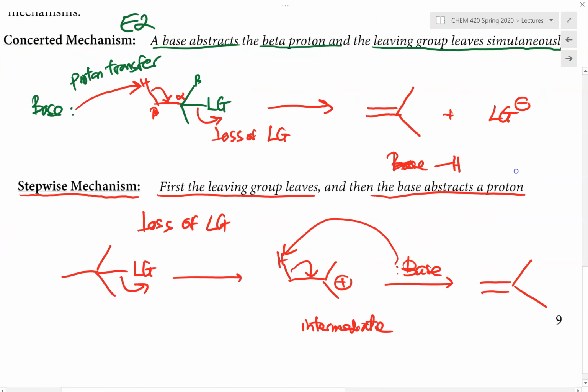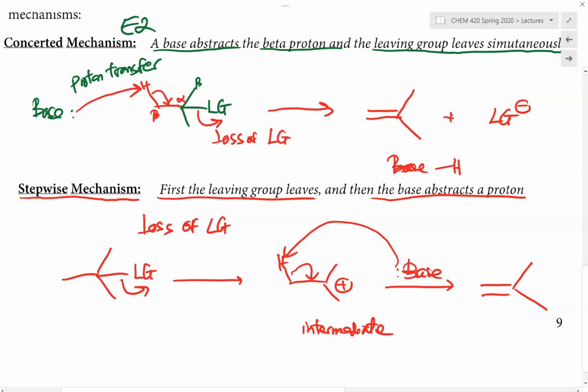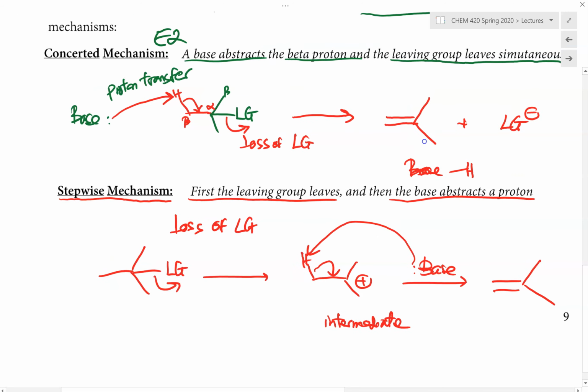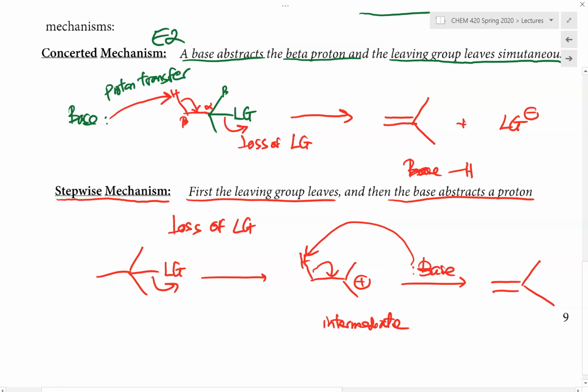So these are the 2 possible mechanisms, very similar to substitution reactions. Now we have an E1 and an E2 mechanism. The E2 mechanism is the concerted mechanism, while the stepwise mechanism is also called the E1 mechanism.